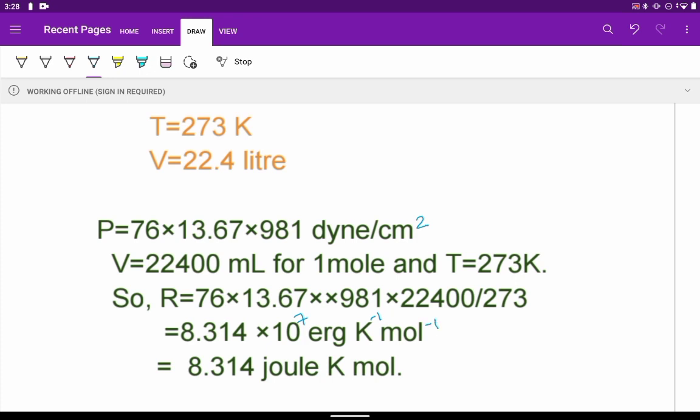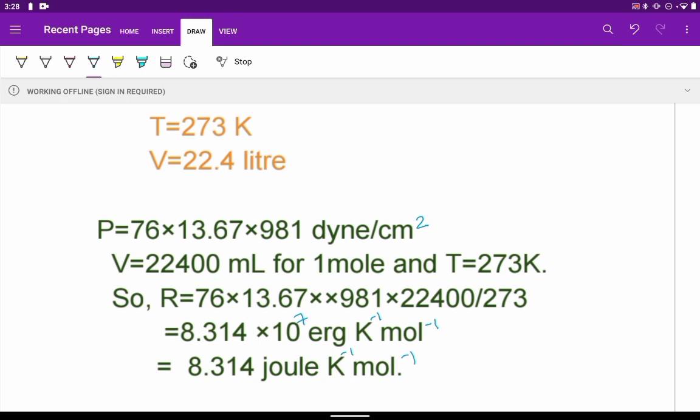If you convert it into joule, we get 8.314 joule per Kelvin per mole. So we have changed the unit, so the value of R is also changing.